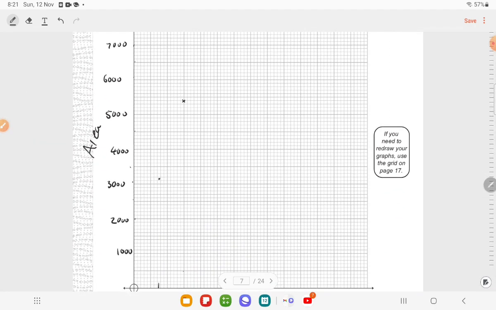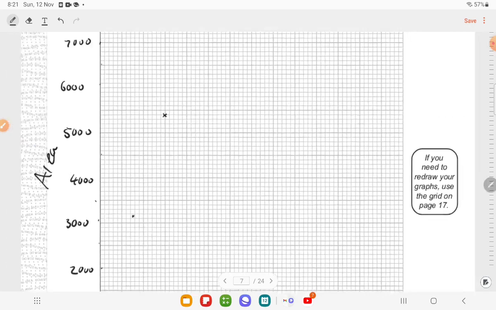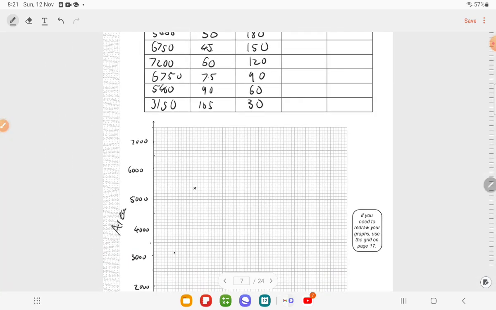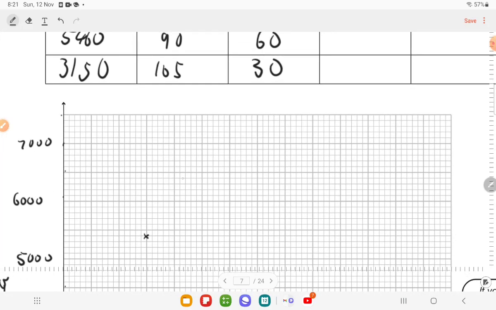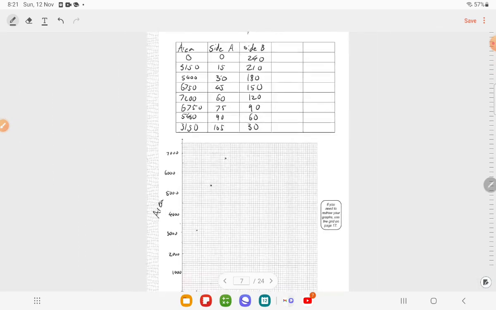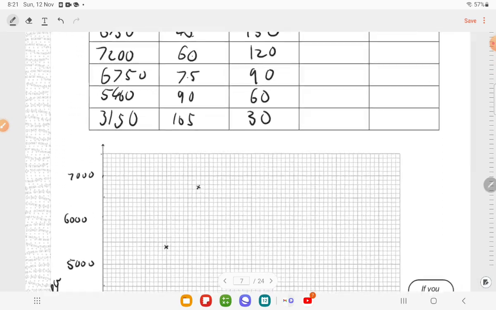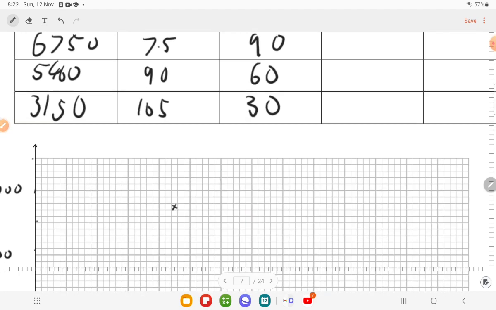45. 30, 40, 45. 45 is 6750. 45 is around here, then 60 is 7,200. 45, 50, 60. 7,200.